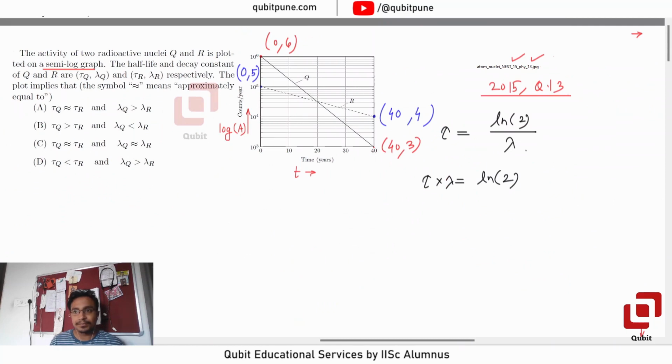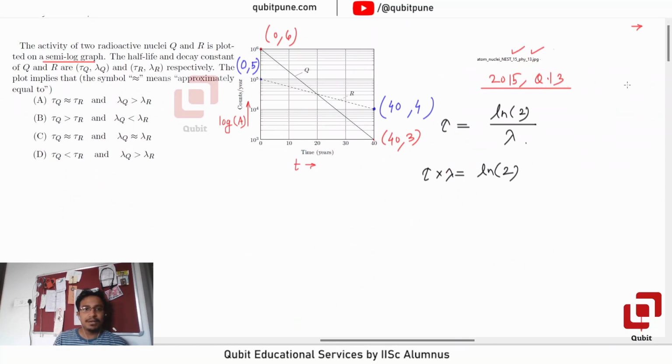Now can we find out the equations of the two lines? Let us go for Q first. y minus y1 is equal to y2 minus y1 upon x2 minus x1, that is the slope, into x minus x1.